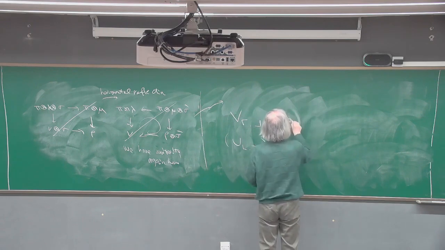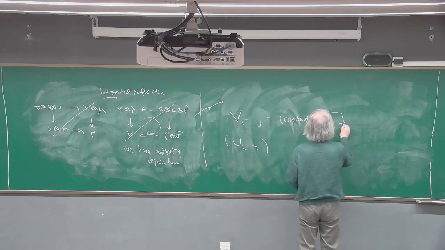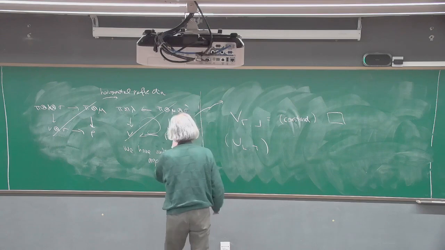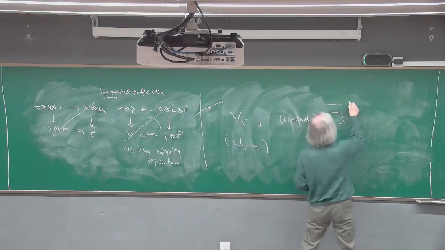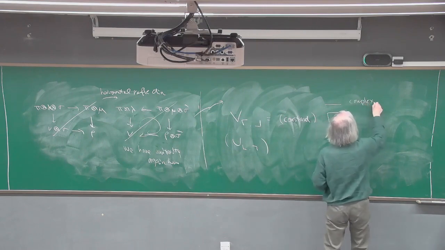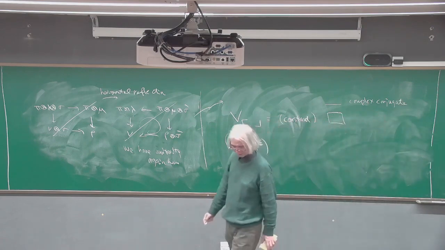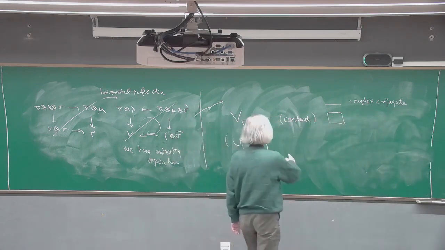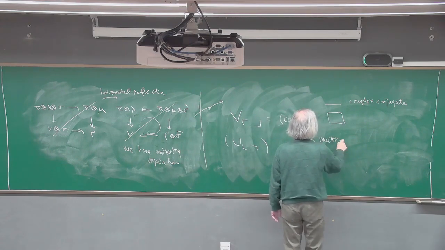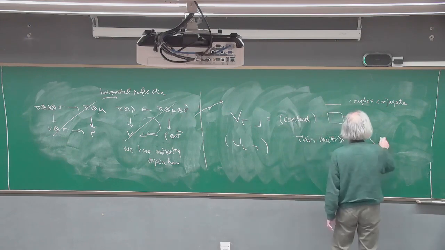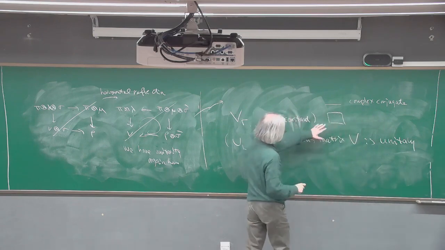Some constant times this thing. Essentially, but here we reverse some edges, so we get a complex conjugate. But then this has to be unitary, so this V is unitary.